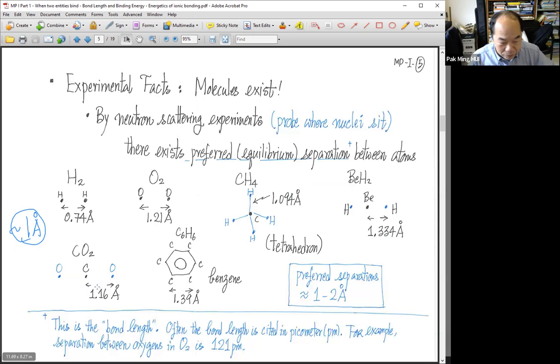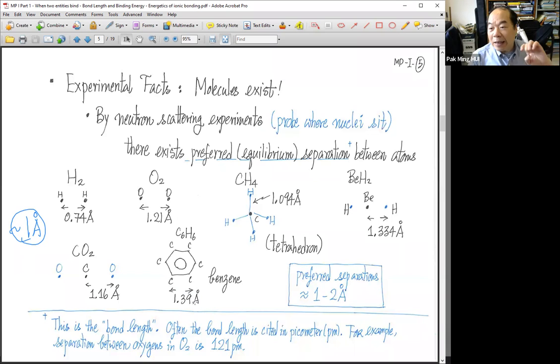Now, CO2, 1.1 angstrom. It is also a linear molecule. H2O is not linear. H2O is something like this, okay? And then we have benzene on the XY plane. And then the distance of a CC bond, carbon-carbon bond, is 1.4 angstrom, all right?